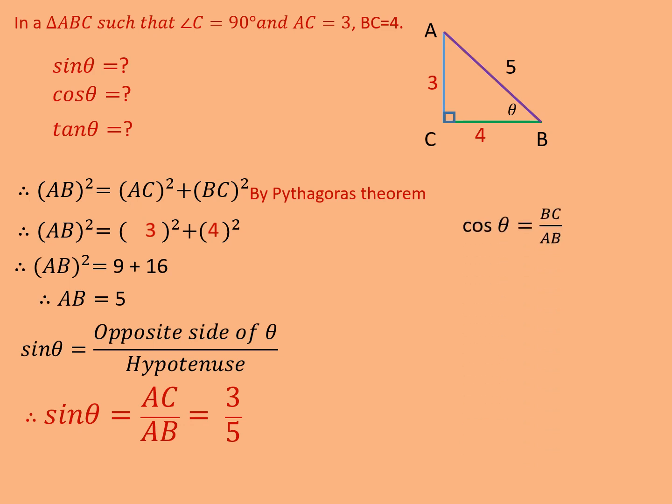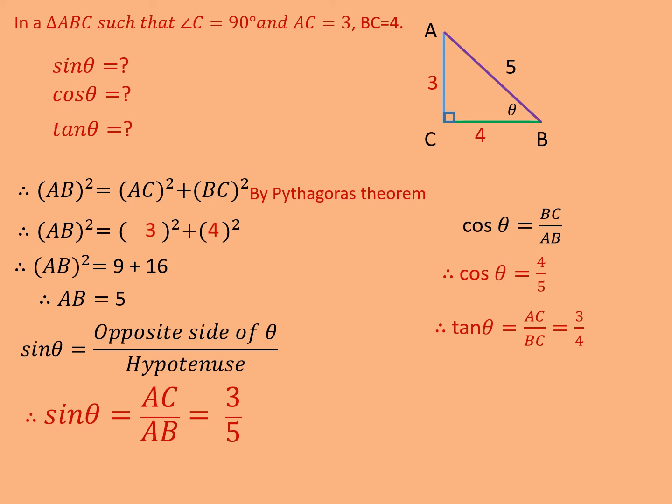Let us talk about cos theta. As you know, cos theta is adjacent side upon hypotenuse. So the adjacent side is BC and the hypotenuse is AB. When I substitute the values, I get cos theta equals 4 upon 5. Similarly, I got tan theta, opposite side upon adjacent side. So AC upon BC, which is equal to 3 upon 4.